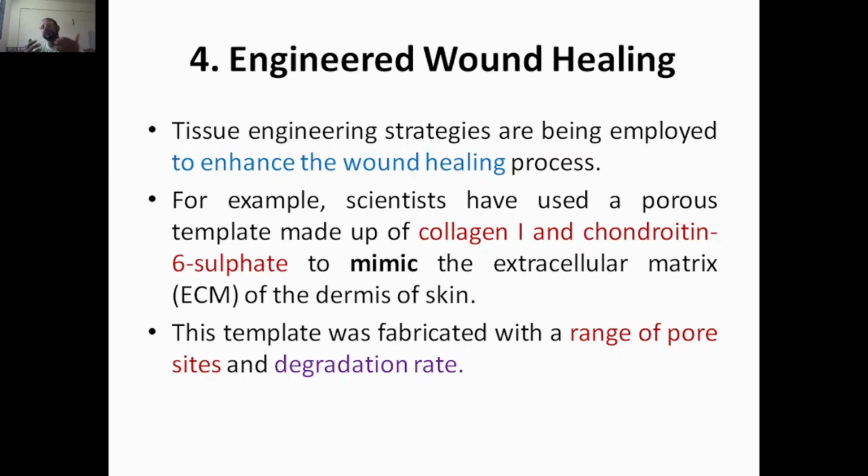I just wanted to tell you how the range of pore size and degradation rate are measured, and based on that the fabrication is done, so we can have a number of porous templates made using collagen 1 and chondroitin 6 sulfate.